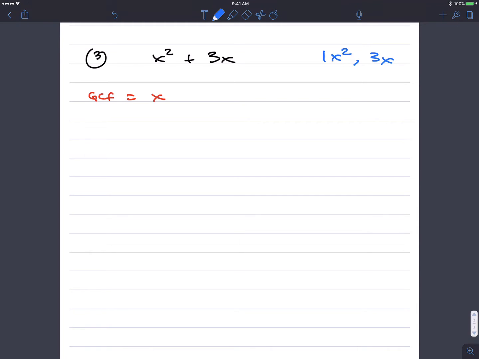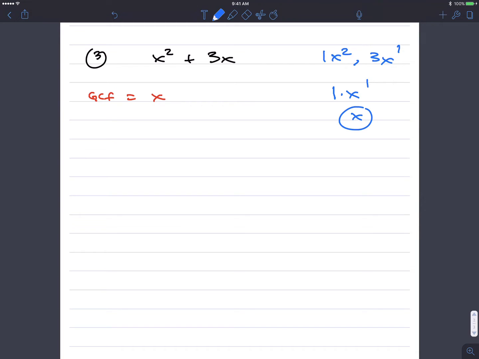The GCF of 1 and 3 was 1, and x squared and x, isn't it x to the smallest power? Because your x has a power of 1. So the GCF will be x to the smallest power, which is 1. This is also known as x. So here's your GCF. Okay, everybody okay with this? You guys remember this from last week? This is step 1. What is step 2?